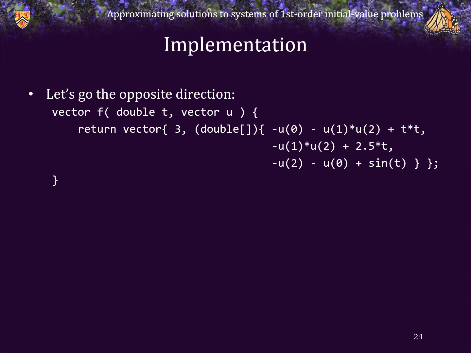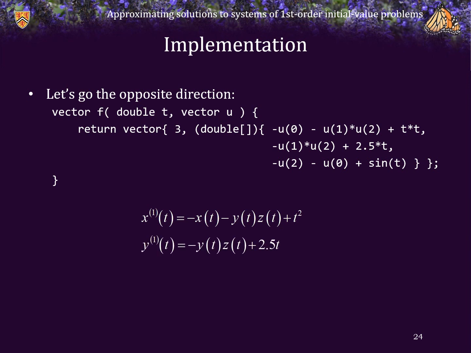So the first entry says that the derivative of x is equal to negative x of t, because u0 is representing the function x, minus the product of y of t times z of t, after all, we have u1 and u2, so u1 represents y, u2 represents z, plus t squared.